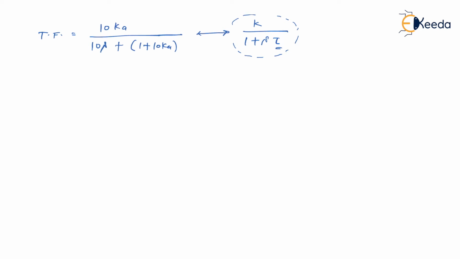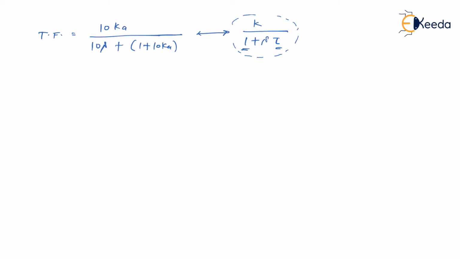This is called the time constant form, where I'm getting the expression in terms of tau. I have nothing to do with tau if it is not mentioned in the question, but the question is regarding the tau concept only, that is, the time constant. You have to reduce your time constant 100 times as compared to the open loop system. So it is essential to get the value of tau, but in the denominator it should be in 1 plus s tau form. Here it is not so.